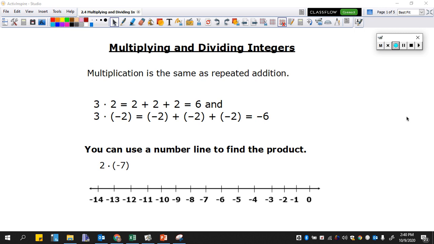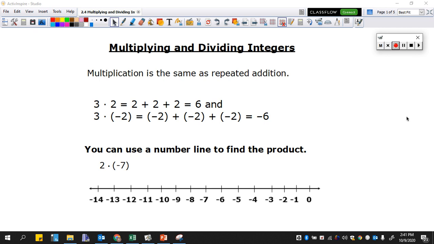In the past several lessons, we've learned how to add and subtract integers. We're going to use adding integers to learn how to multiply integers. As you know, multiplication is the same as repeated addition.